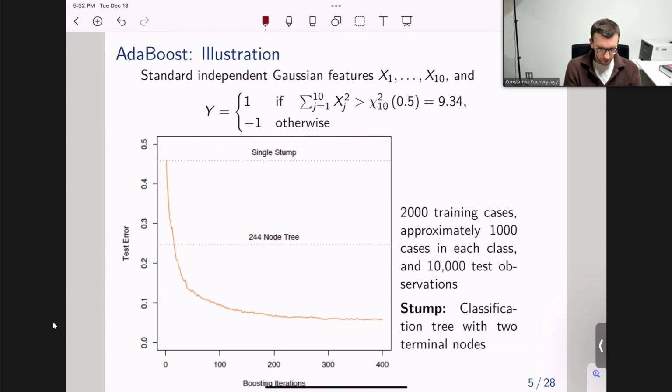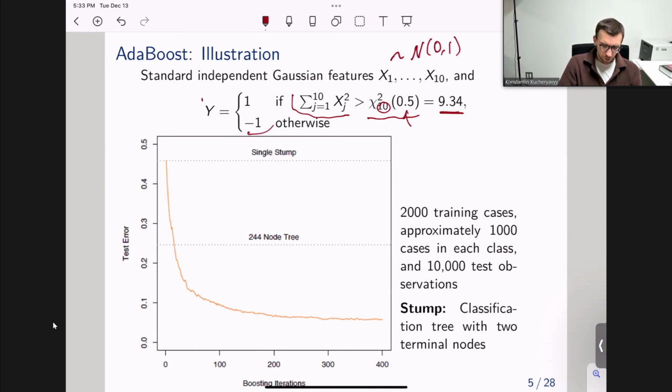So here's a simulation example, when we have, say, 10 independent variables, predictors drawn from the normal 0-1 distribution, all of them independently, and the data generating process is that y is equal to 1 if the sum of squares of these regressors is more than chi-squared with 10 degrees of freedom and parameter 0.5, which is equal to 9.34, and minus 1 otherwise.